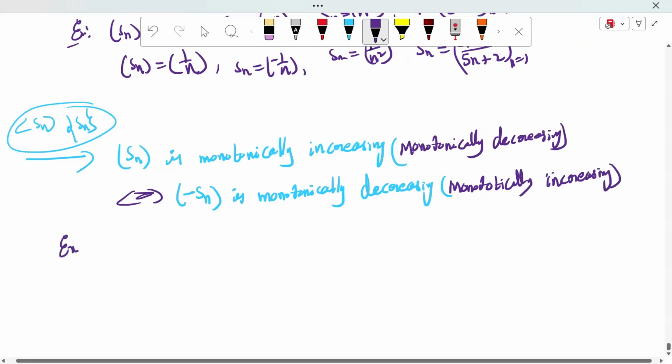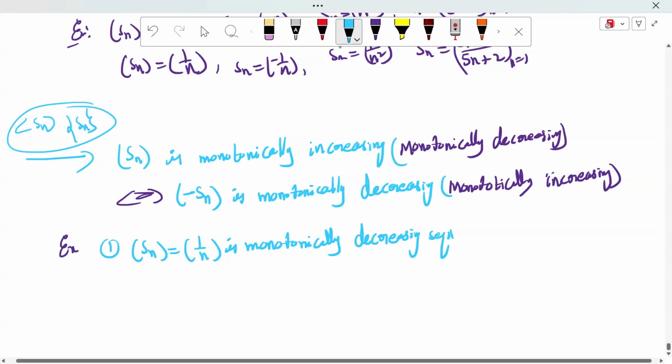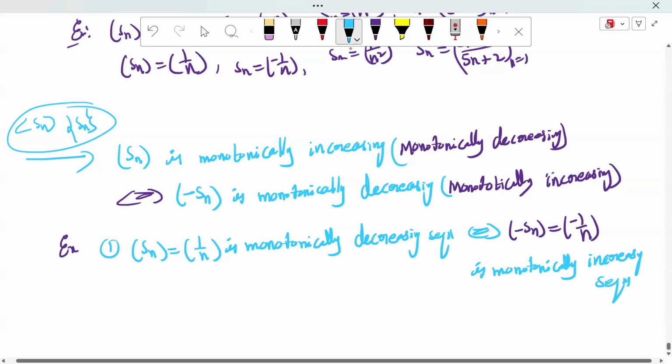For example, we can take the example: the sequence Sn is equal to 1 by n. 1 by n is a monotonically decreasing sequence if and only if the sequence minus Sn, which is minus 1 by n, is a monotonically increasing sequence.